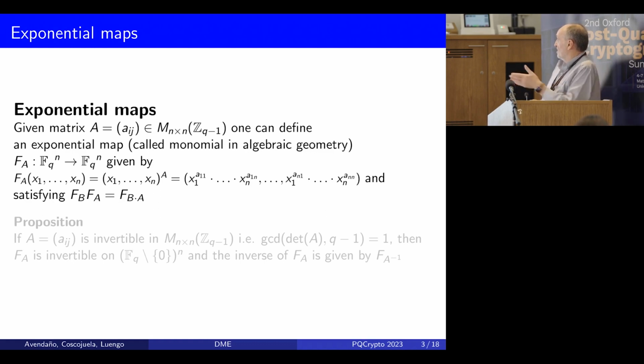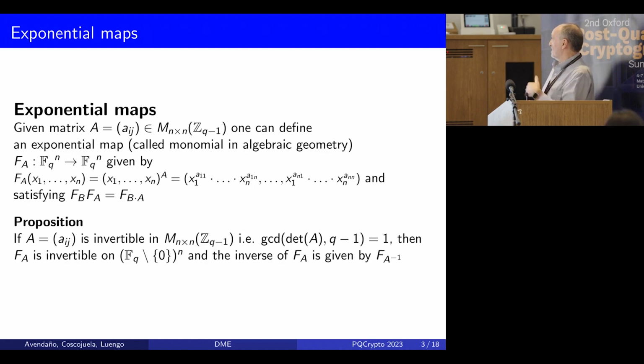You have a matrix with integer coefficients, and then you can exponentiate a vector to the matrix with this formula. And of course, this satisfies that the composition corresponds to the product.